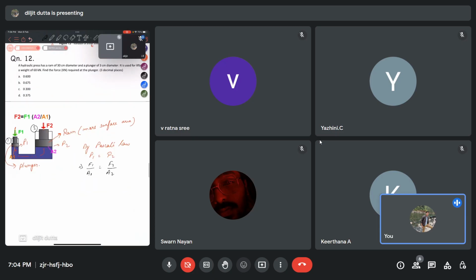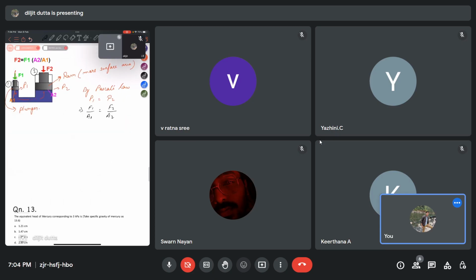So we have a ram with diameter D equal to 30 centimeter, which is equal to 0.3 meter. From this we get A2 equals pi r square, which equals pi d square by 4, which is equal to pi into 0.3 whole square by 4.